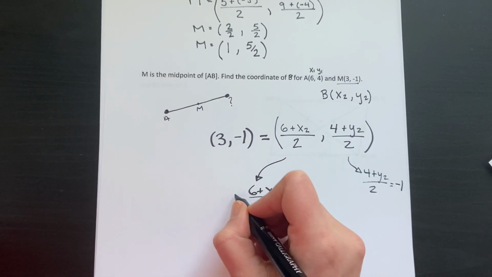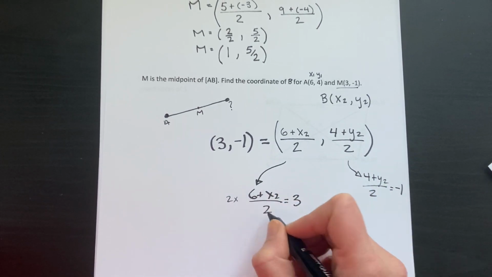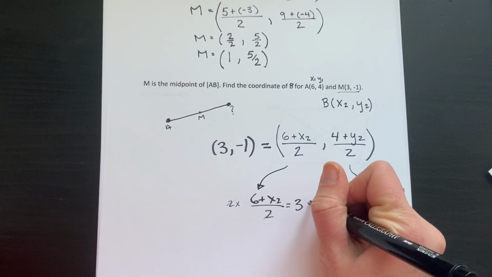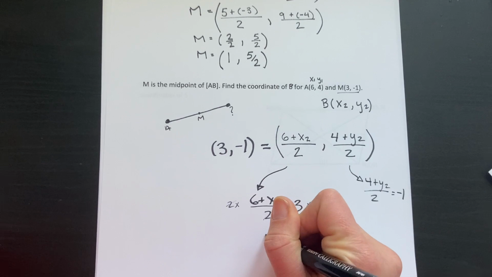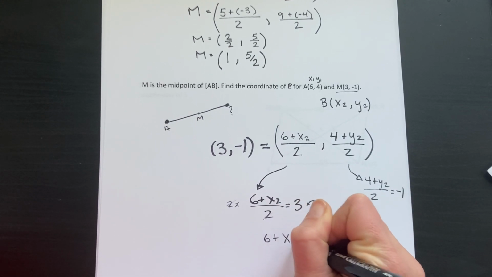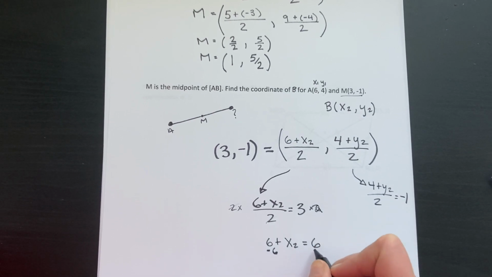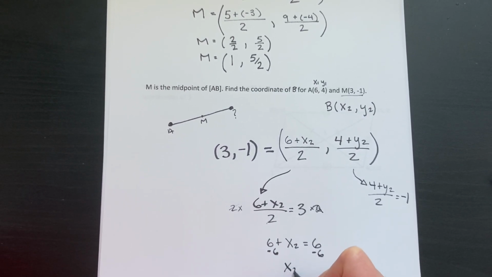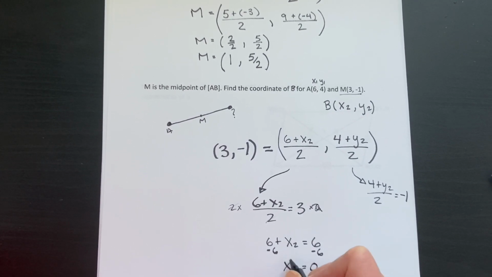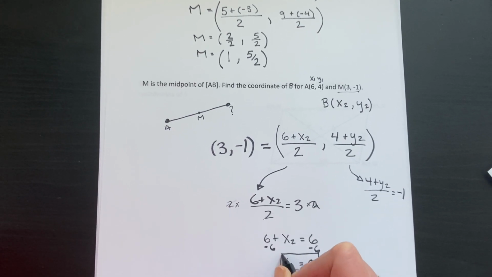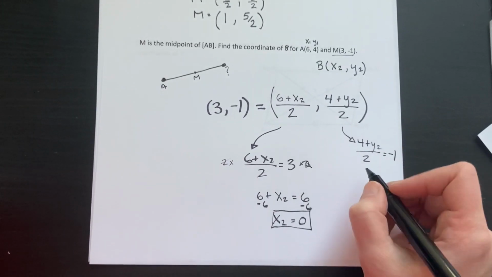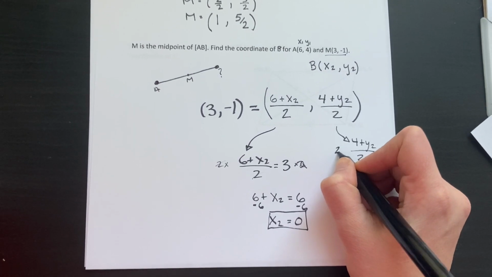So I'm going to rearrange by multiplying by 2 to both sides. That will get rid of that 2. And we will have 6 plus x2 equals 6. So now I'm going to subtract 6 off both sides, and I'm going to get x2 equals 0. So I know that that's the x-coordinate of my point B. For this one, I could multiply both sides by 2.